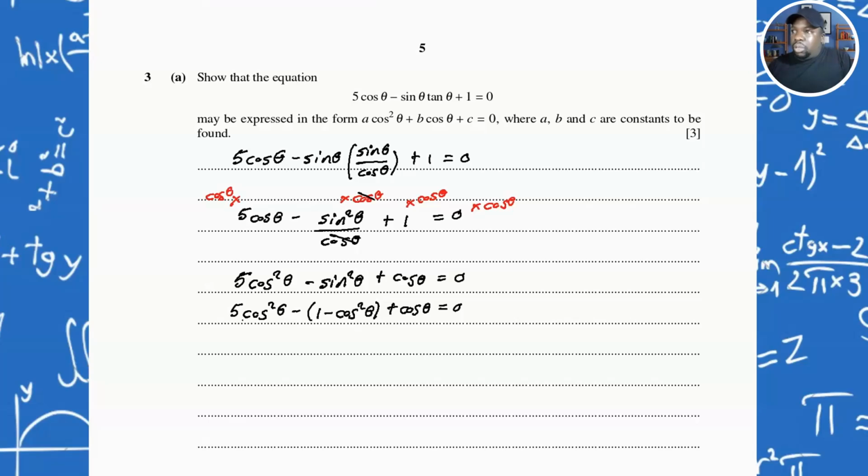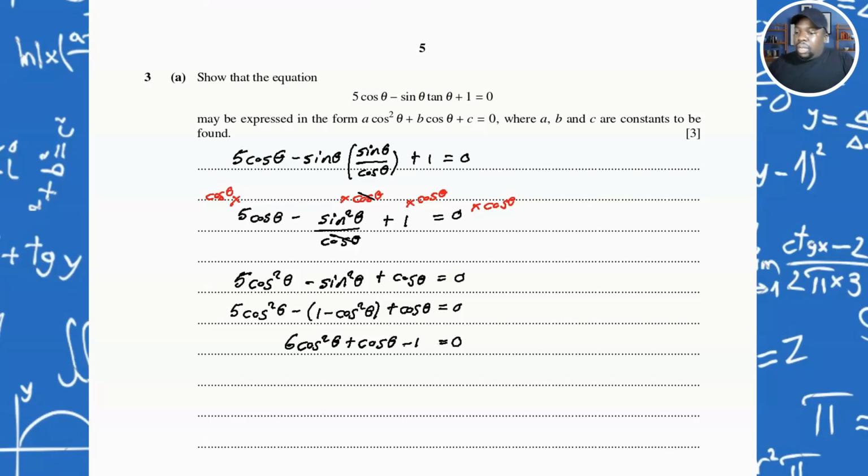So basically 5 cos squared theta minus cos squared theta will give us 6 cos squared theta, and I have the cos theta here already, and minus 1, equal to 0.